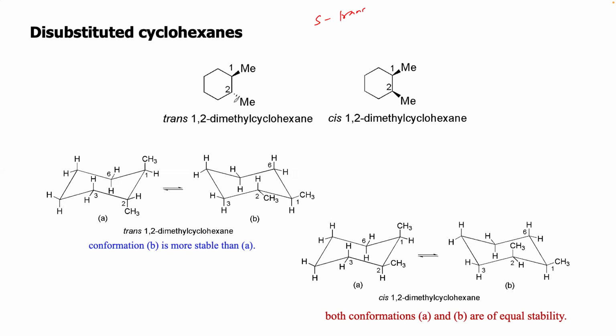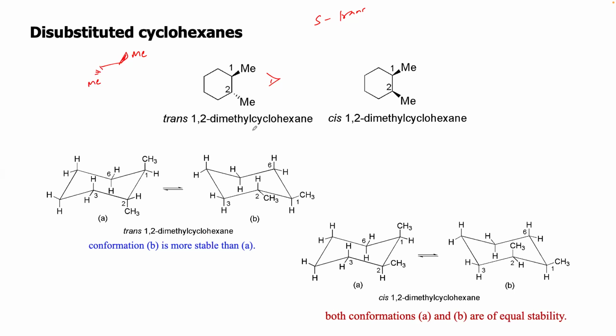So if you look at this from this angle, this methyl group is going up and the other methyl group is going down. Since you have the cis-trans isomerism around a single bond, it's called s-trans and s-cis, but you don't have to put that in the name.